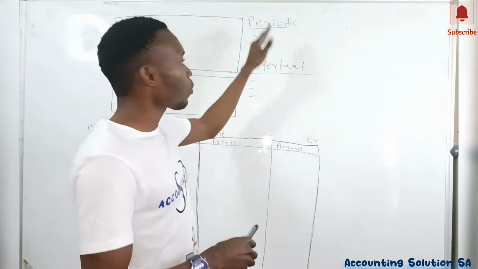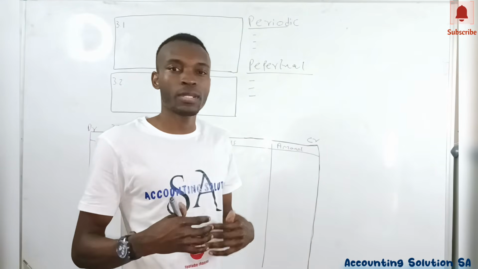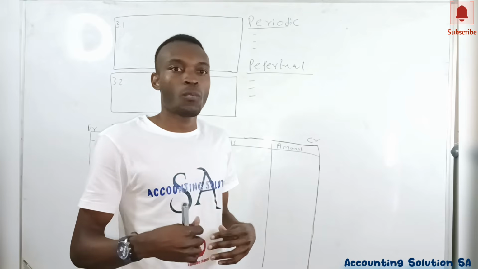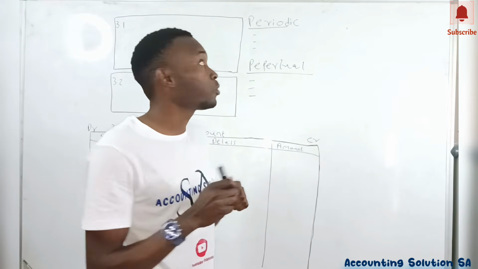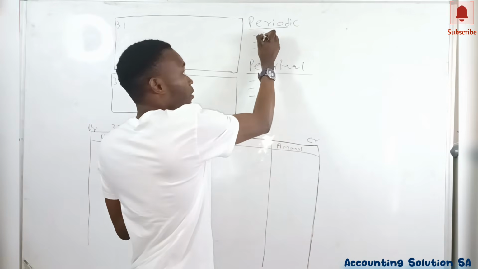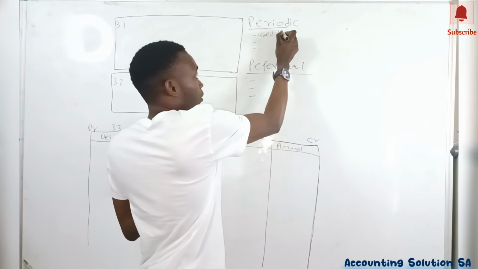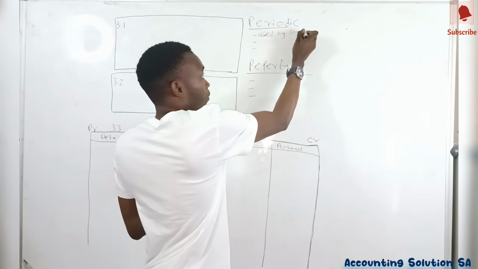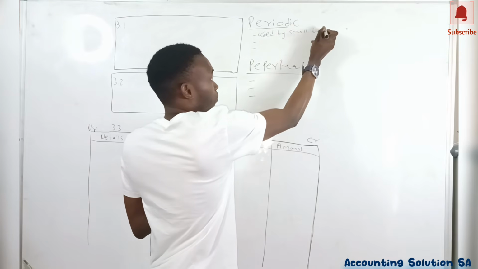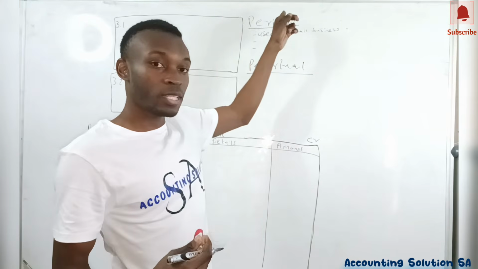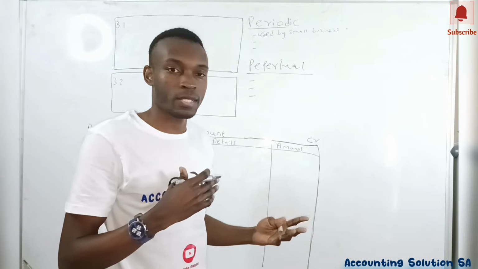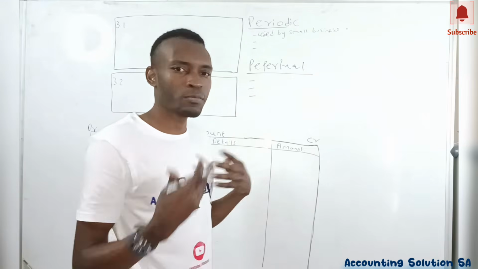All right, so when we talk about a periodic inventory system, what must come in your mind first is that this system is used by small business. Periodic inventory system used by small business. Why used by small business?